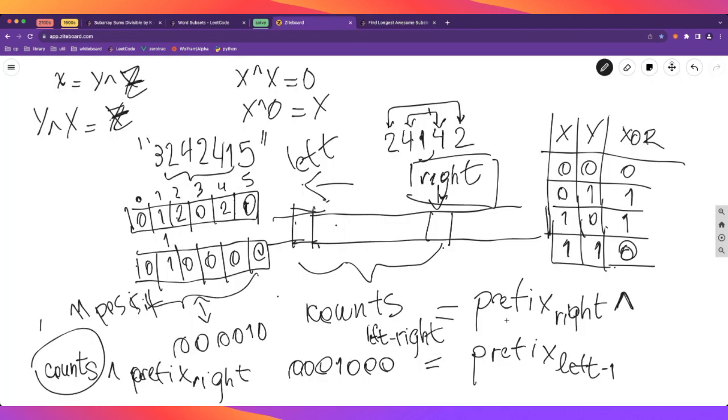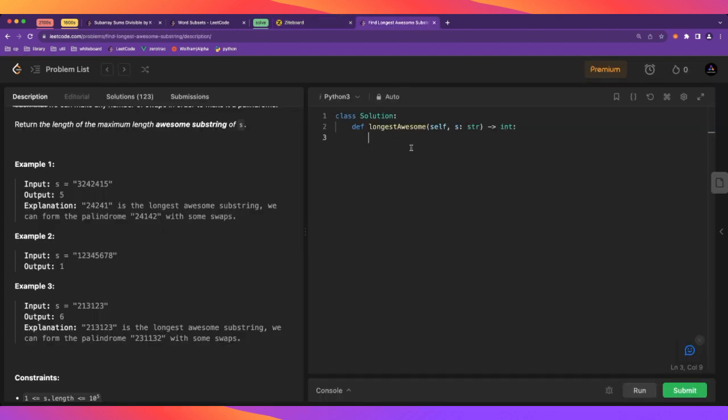Anyway, so yeah, we need a mapping or a dictionary from the mask to the index where that prefix occurred. And as we said, we want the leftmost. We want to keep the leftmost to maximize the length of the substring. So what do we need?